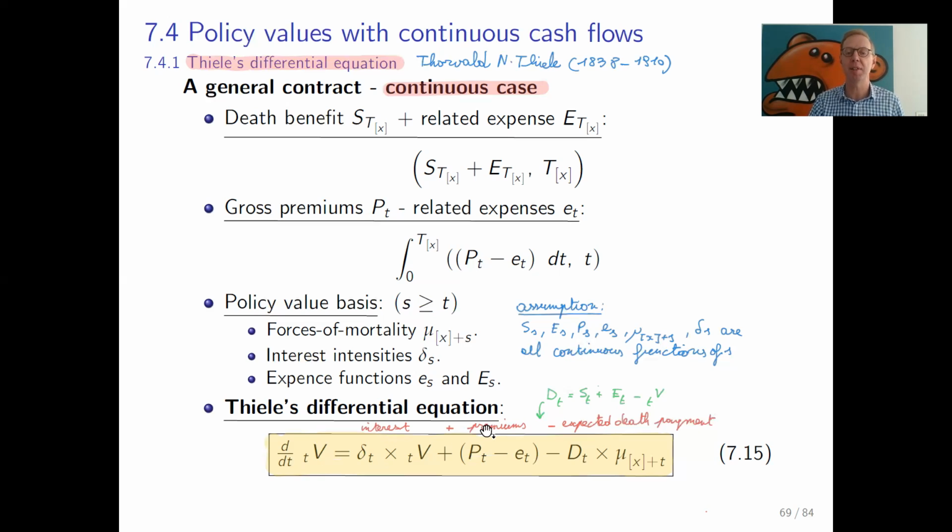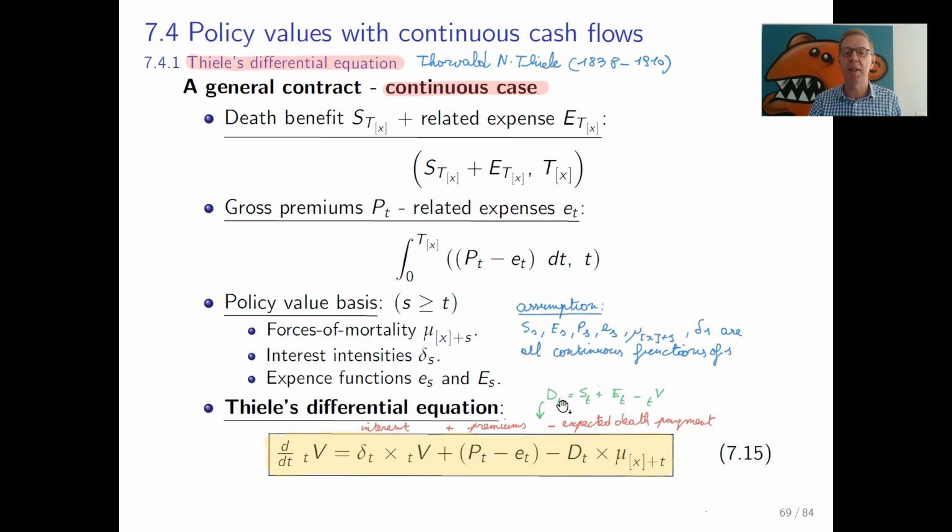There is an interest part, there is a premium part, and there is a part related to the expected extra death benefit payment. So the interest part is delta t V t. You earn an interest delta t V t in this infinitesimal interval between t and t plus dt. In that same infinitesimal interval, there is a premium payment P t minus e t dt, and then there is also minus the expected death benefit payment.